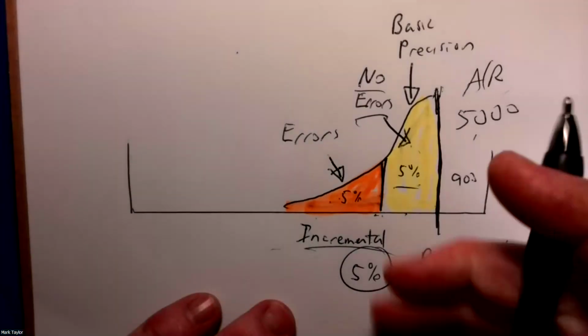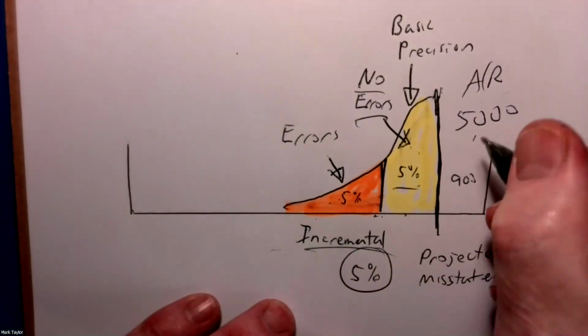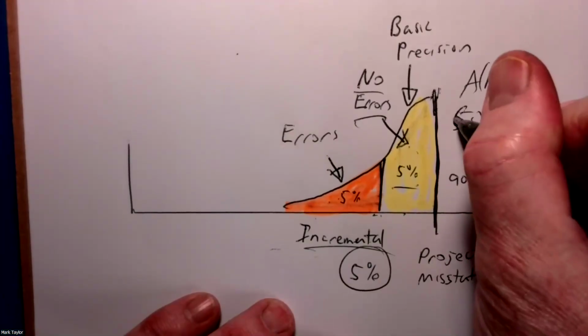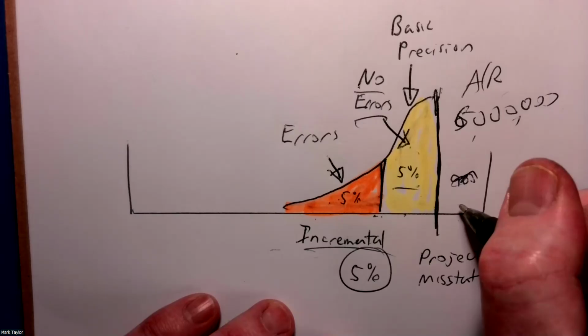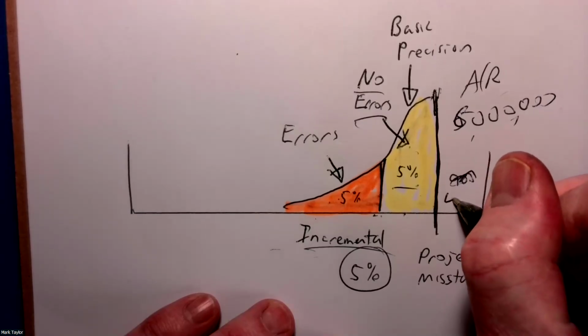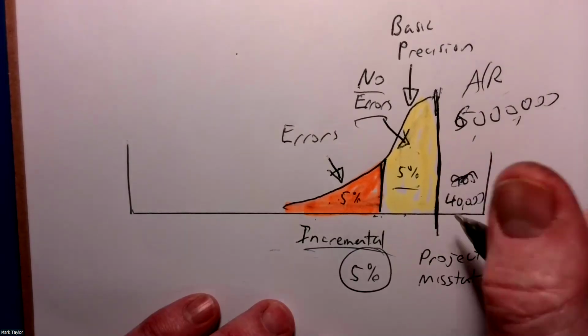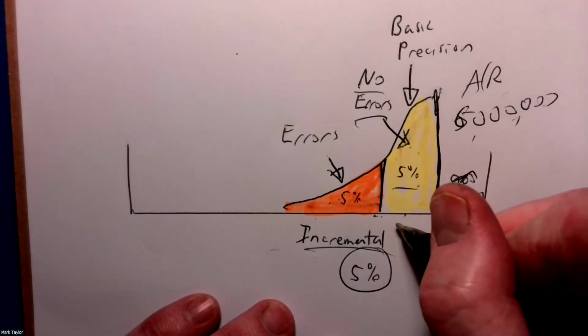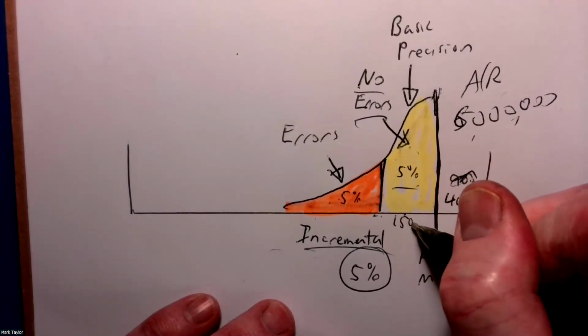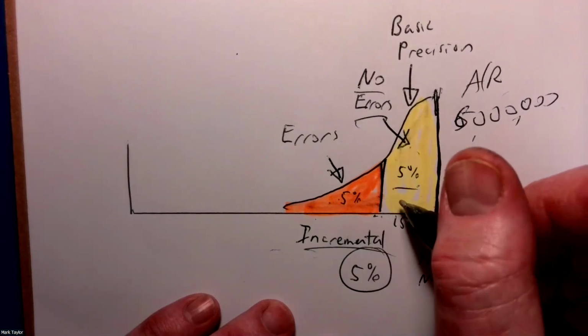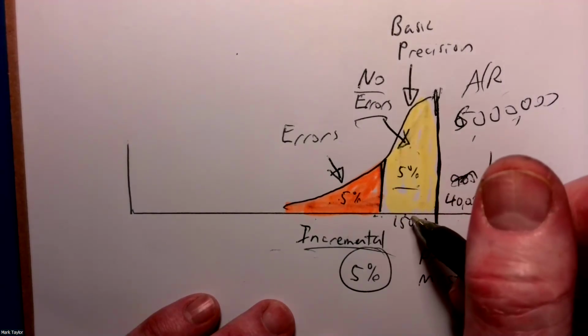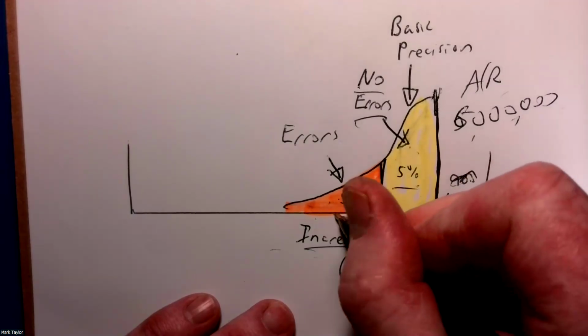So this is what this would look like. That's 6 million. We said that our best estimate is that it's off by 40,000. The basic precision was 150,000. And the incremental was 28,000?